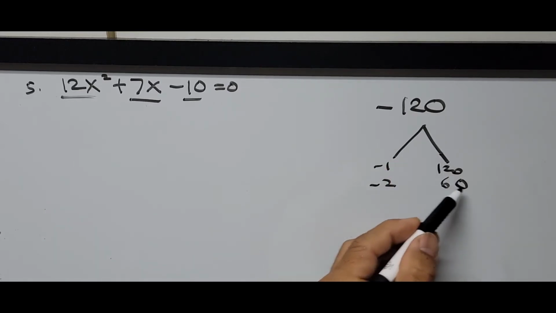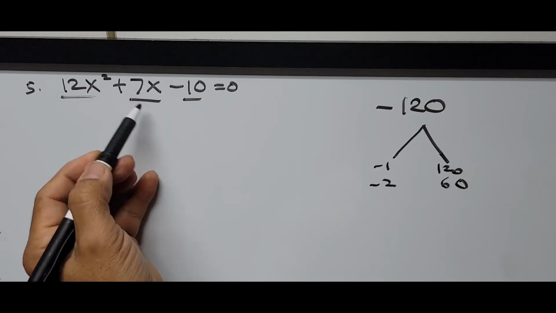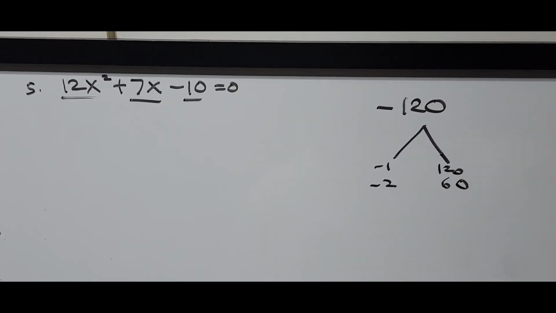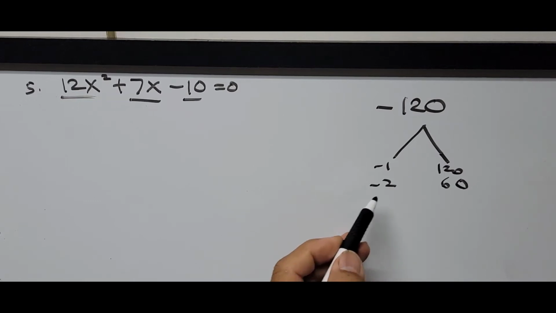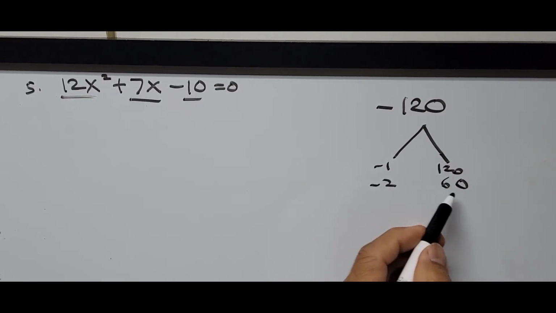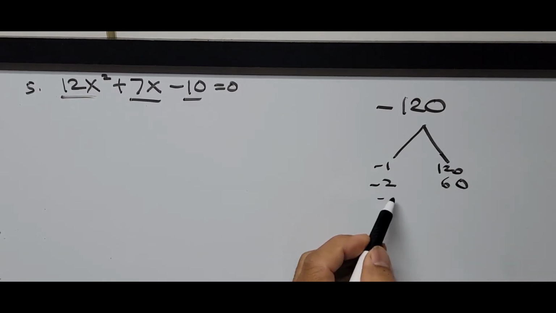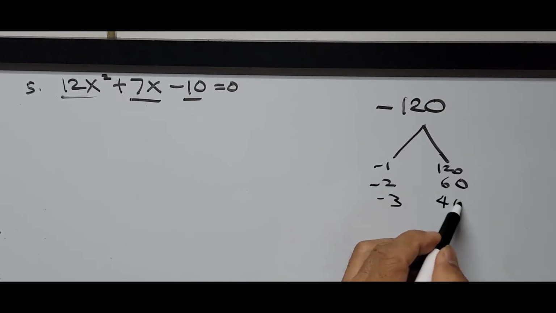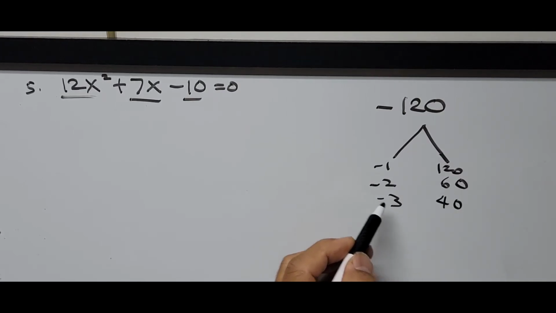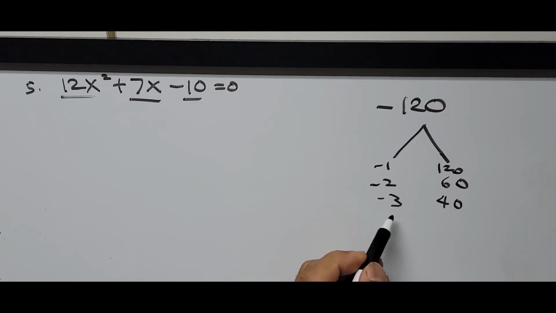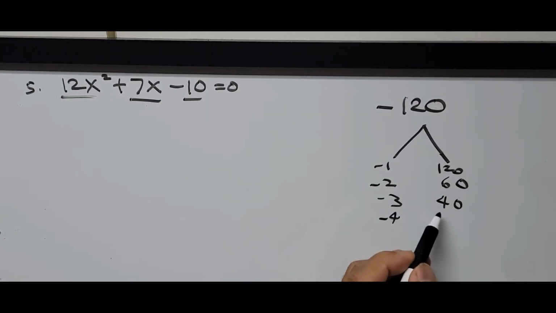So let's move on. 2 and 60 is 120, and minus 3 and 40 is 120, and negative 4 and 30, 4 times 30 is 120, and negative 5 and 24 is 120.